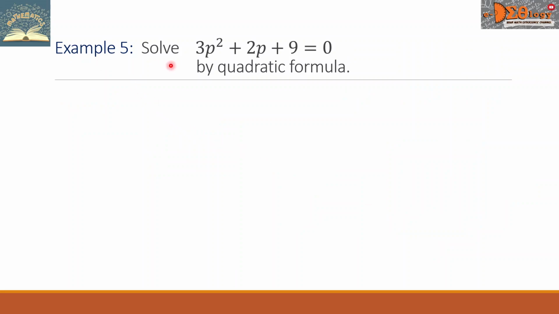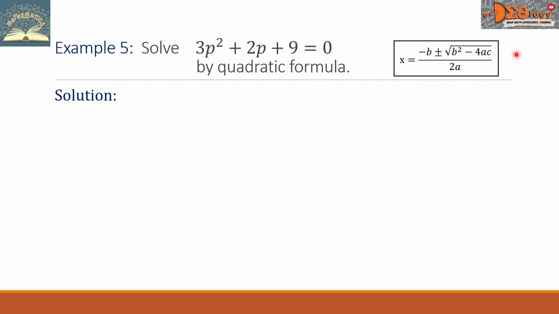Example 5. Solve 3p squared plus 2p plus 9 equals 0 by quadratic formula. Our quadratic formula is here. Now let us collect the values of a, b, and c. The a is the coefficient of p squared, so we write a equals 3. B is the coefficient of this middle term, so this 2 is the value of b.